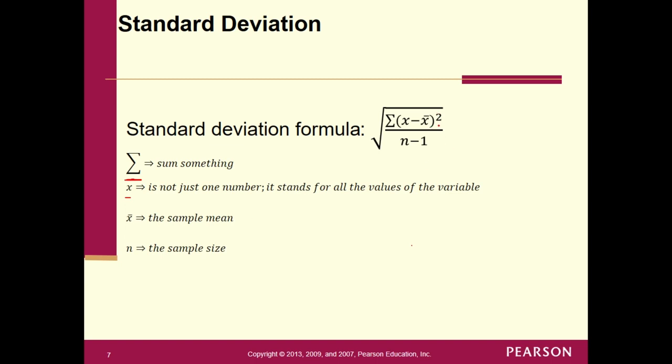Then what's next? The order of operations. You would go ahead and square things. So since this is in parentheses and the square is for the parentheses, you would take all the values of your deviations and square them. Now, since we have a division sign here that goes straight across, what do you have to do?